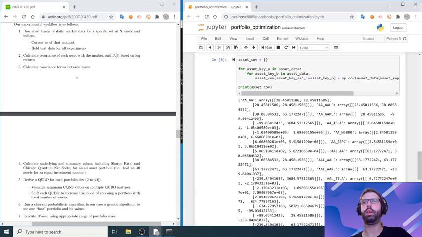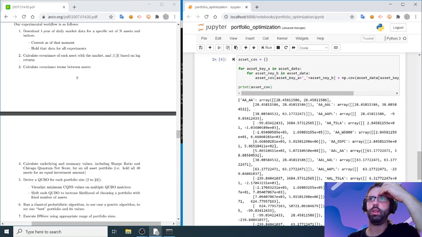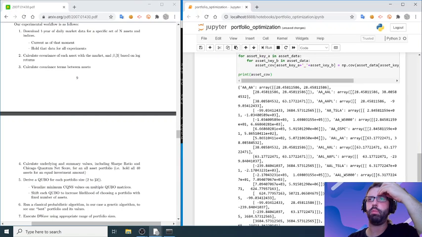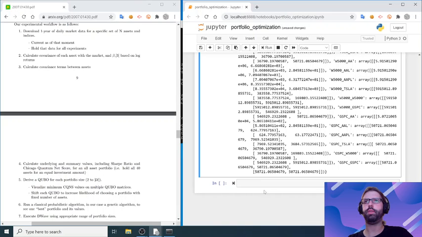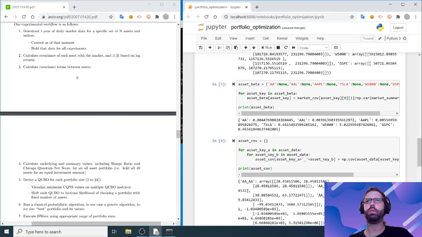So you have between AA and AAPL, and it's a matrix actually. So that's why I think there's a bit of redundancy here, because AAPL underscore A should be the same. Let's check this out. So what if I print, how is this called? Asset cov.